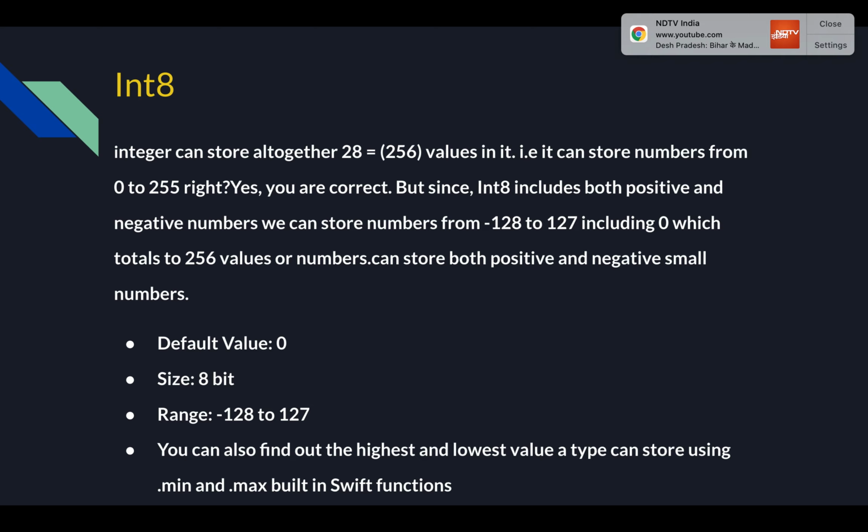So when you declare a variable whose integer value falls between minus 128 and plus 127, you can use Int8. But this is rarely used. We only use Int because Int is used to define all the integers, that is positive, negative and 0.